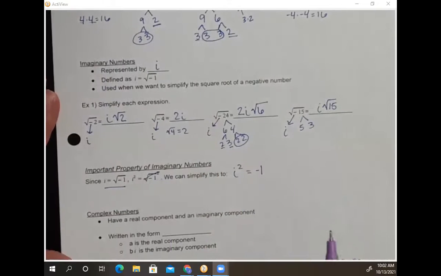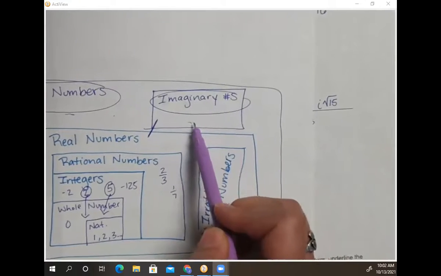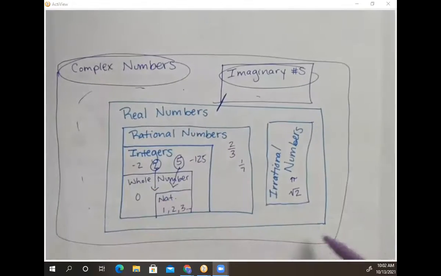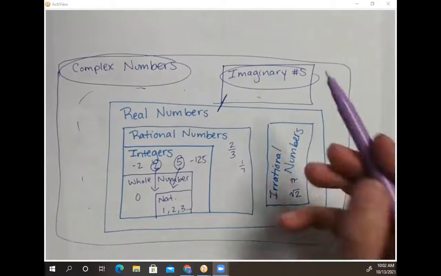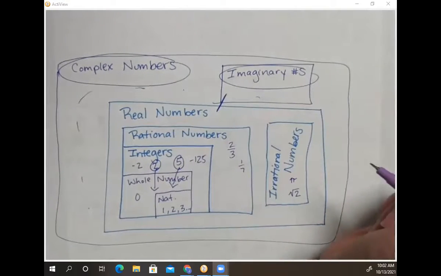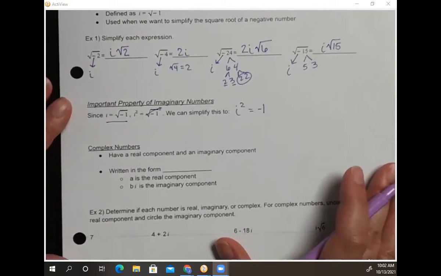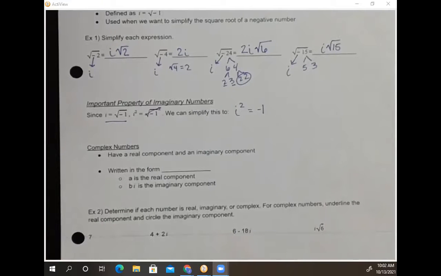So everything that we've looked at so far on this page has been an imaginary number. We've lived in this box here. Now I want to talk about this broader category of complex numbers. When I've got this link between imaginary and real numbers, complex numbers have both a real component and an imaginary component. So it's got both things going on.